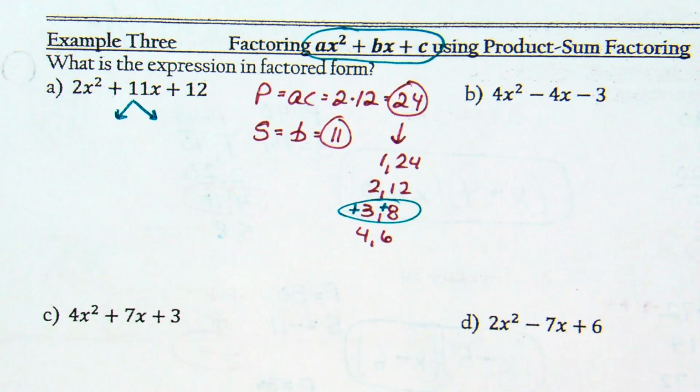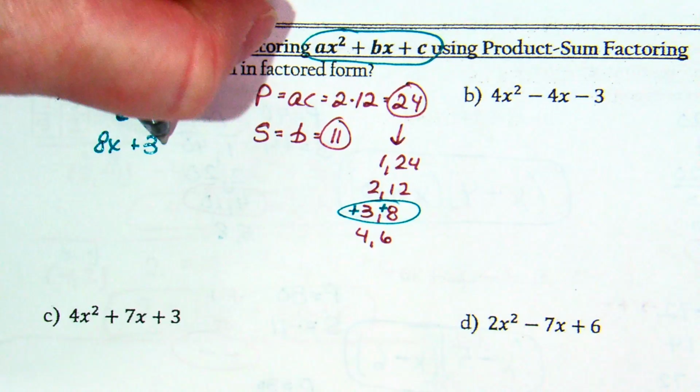Or, if you prefer, 8x plus 3x. Does it matter? Officially, it does not matter. Might be a little more enjoyable if we do 8x plus 3x on this one, as I look ahead to my next step, although it doesn't matter. So it's a positive 8x and a positive 3x, yes?